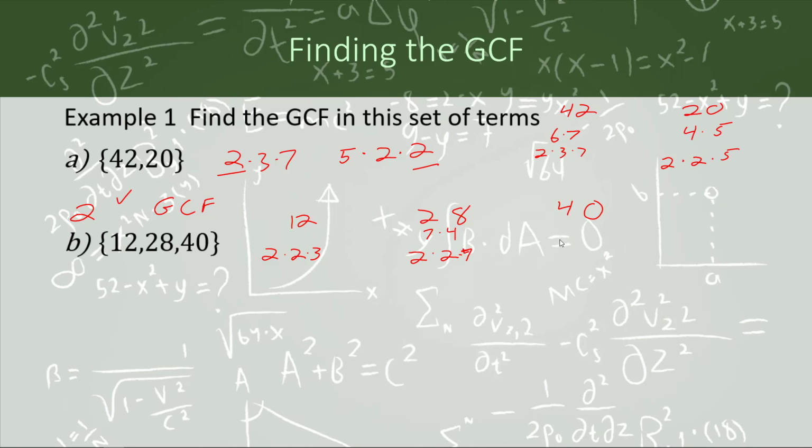And then here we have 40, which is 8 times 5. 5 is a prime number, but 8 can be factored into 2 times 2 times 2, times 5.